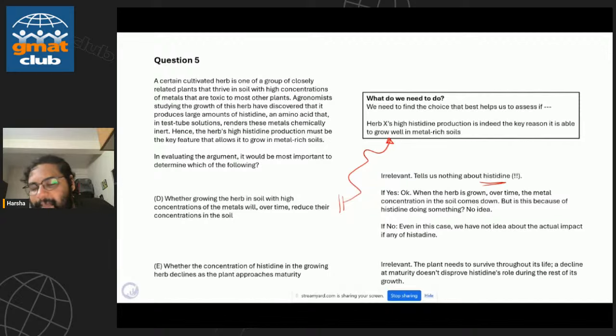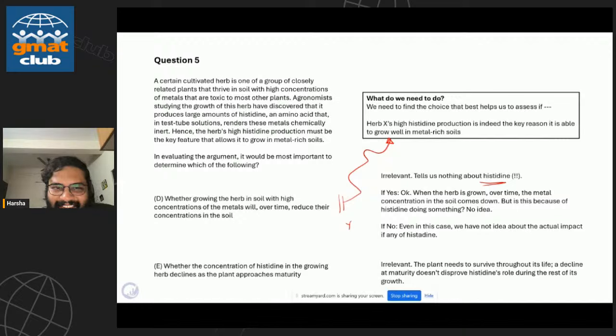Let's say that chemical Y or something. It could be some other chemical Y which is actually doing something to the metal concentration in the soil. Which is why if you grow that herb for a prolonged period, it's going to reduce the concentration of those metals in the soil. Notice that choice D tells you nothing about histidine.